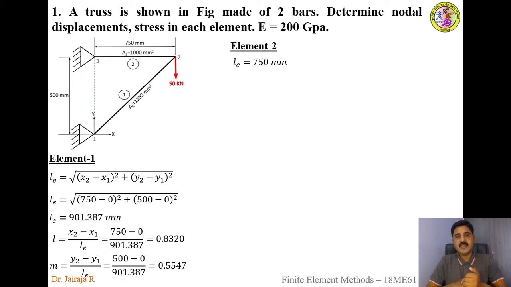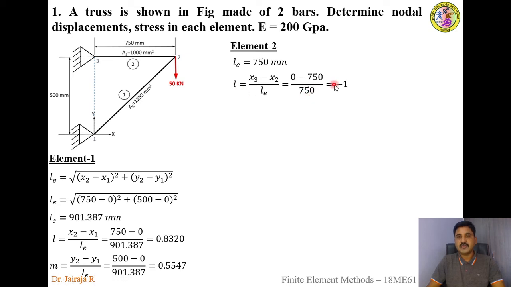Similarly, we need to find the length of the second element. Since it is a horizontal element and the length is directly given, the length of the element is directly considered as 750 mm from this figure. So the direction cosine small l for element 2 is x3 minus x2 divided by L. x3 is 0 minus x2 which is 750, divided by the length of the second element, 750.